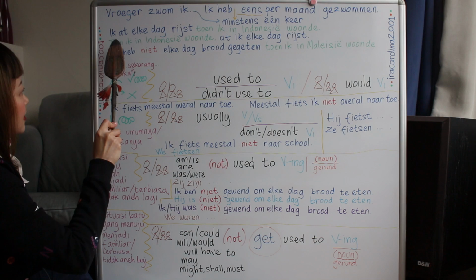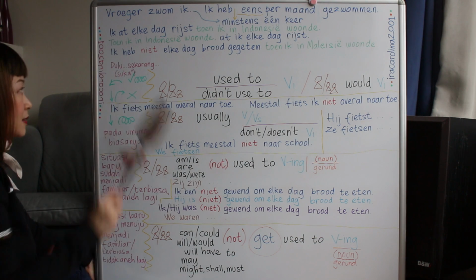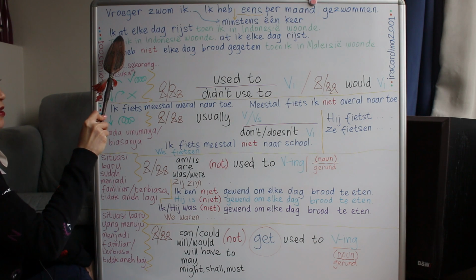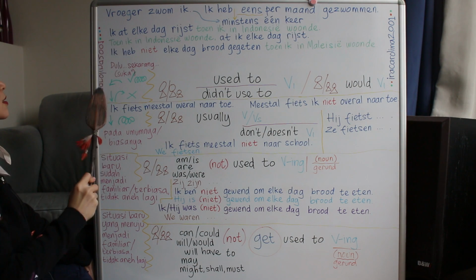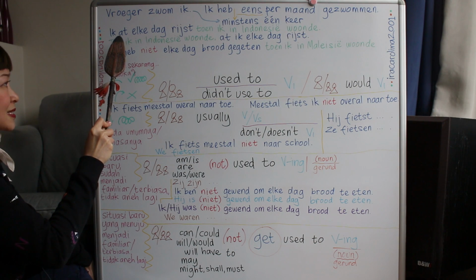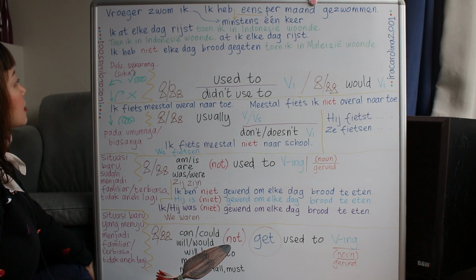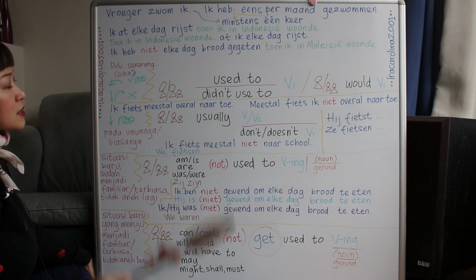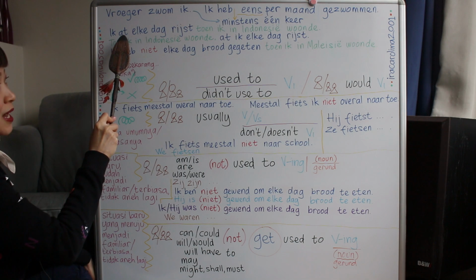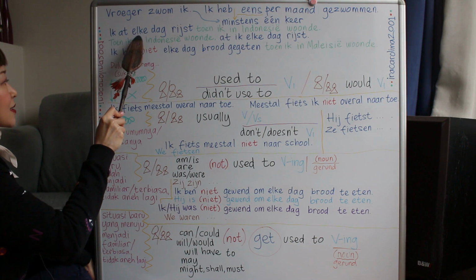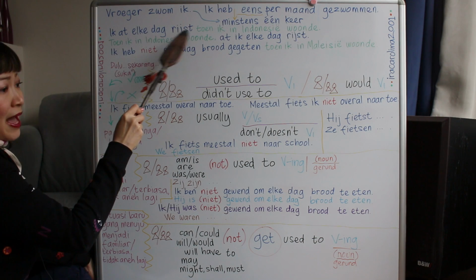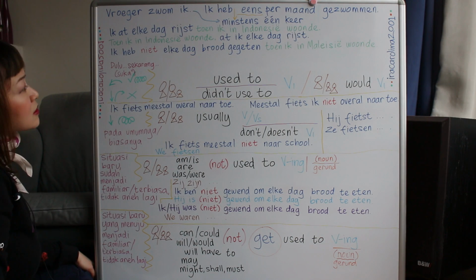Ik at, I, and this one can be translated as ate or eaten. This is the past version or past verb for eat. It's from eten, but this one we want to say used to eat, so it becomes at. Elke dag, every day, rijst, rice.